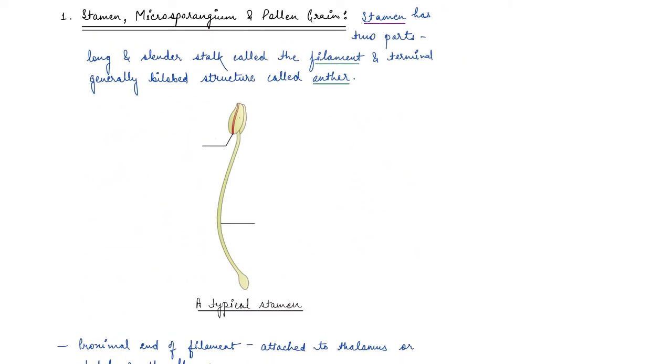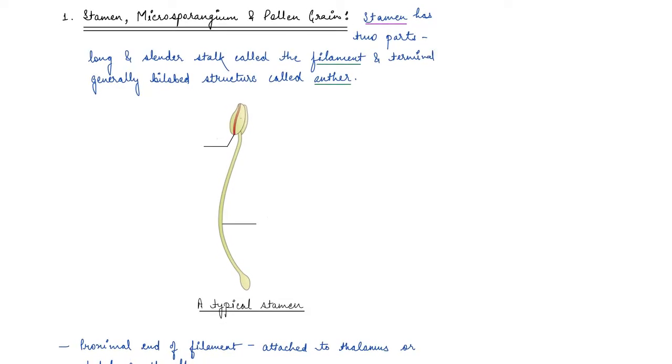Okay. Now as you can see here, stamen has two parts, right? There is a long and slender stalk which is nothing but the filament. So here in the structure as well, this long slender part is nothing but the filament. And then there is a terminal bilobed structure which is the anther.